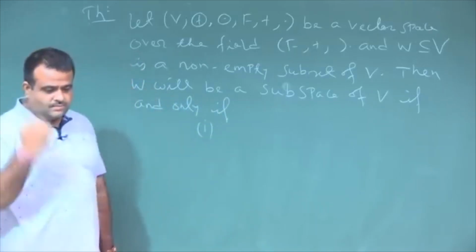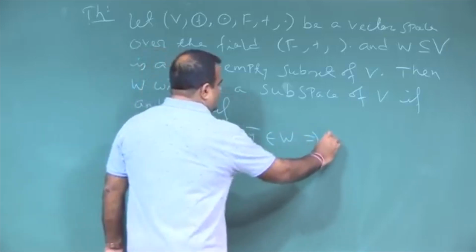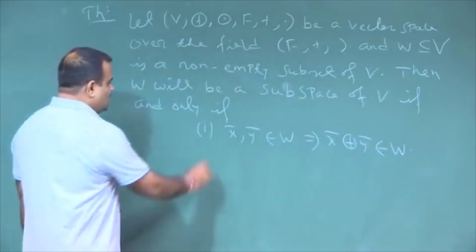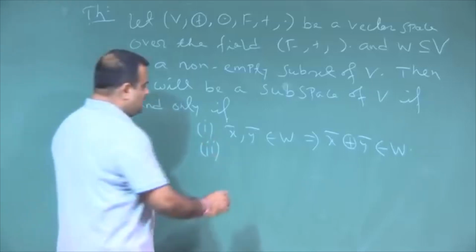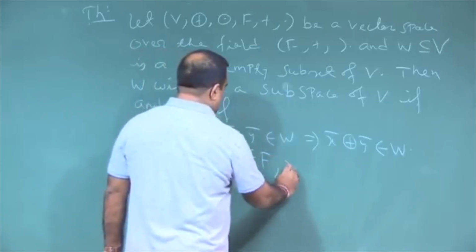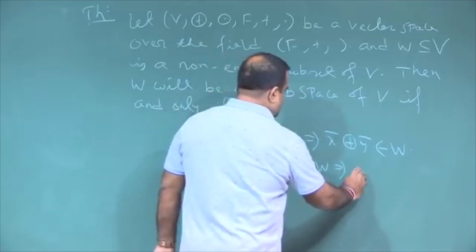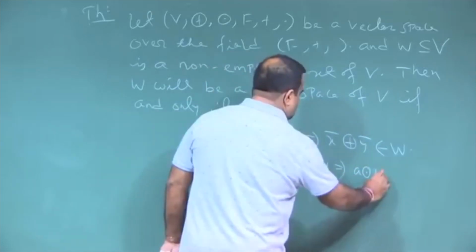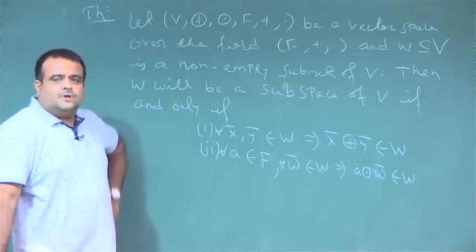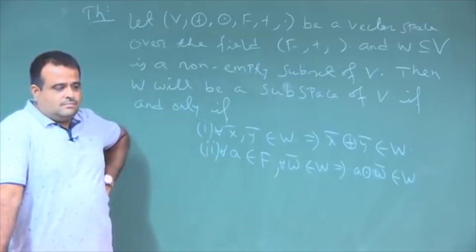One is with the plus: if we take any two vectors x, y belonging to W, then their sum x plus y belongs to W. And if we take a scalar A, for all A and x belonging to W, then A times x belongs to W. If these properties are satisfied, this is the necessary and sufficient condition for a non-empty subset to be a vector space.